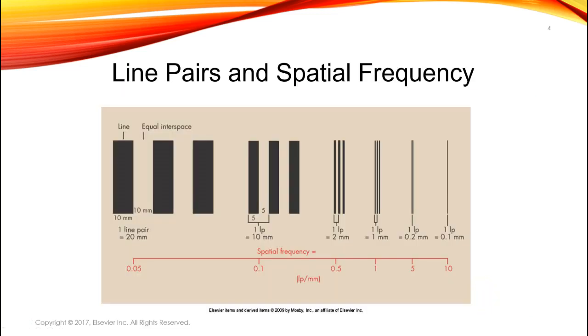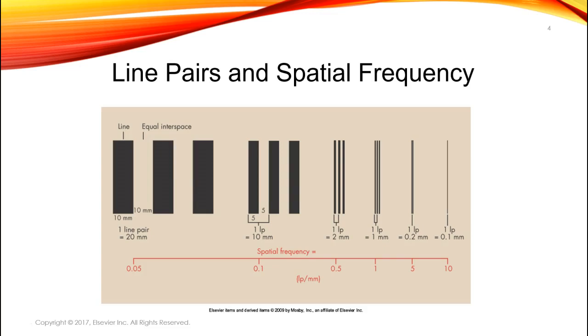As you remember from our last lecture, resolution is measured in line pairs. Spatial resolution in the digital imaging world is referred to as spatial frequency, and spatial frequency is measured by line pairs per millimeter.